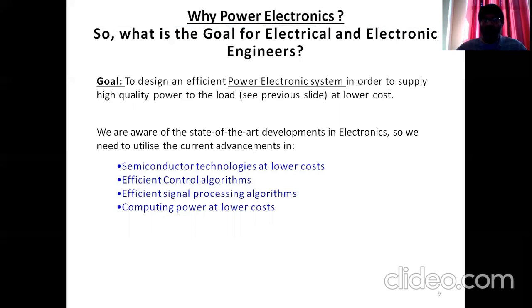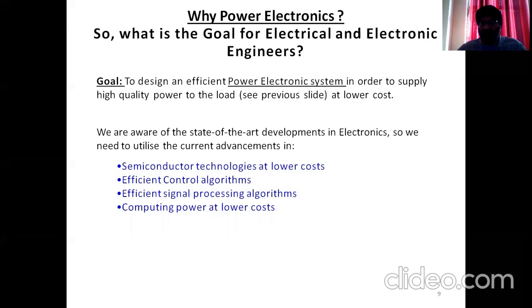If power losses are minimized, efficiency increases, and if efficiency increases, we have more at the output. In that case, we can say that the quality of the power system is increased. So that's the main goal, to design an electronic system in such a way that we get high quality power at the output, which is a load, and at the same time at a lower cost, which I mentioned in the previous slide.